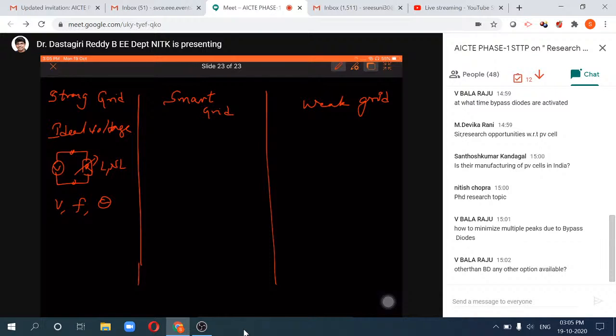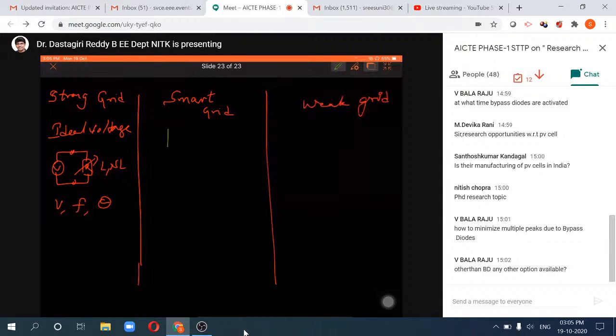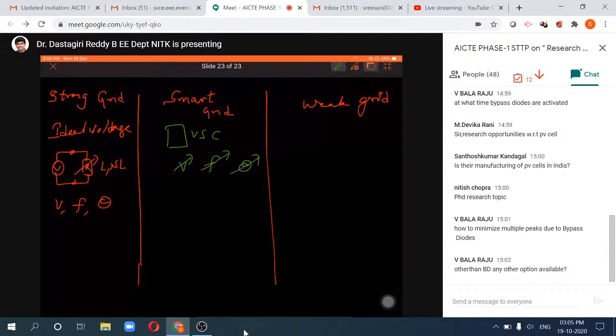Now, the smart guy is basically a voltage source converter, VSC. With a VSC, you can change the magnitude, the frequency, and the theta. That is why it is called the smart guy.